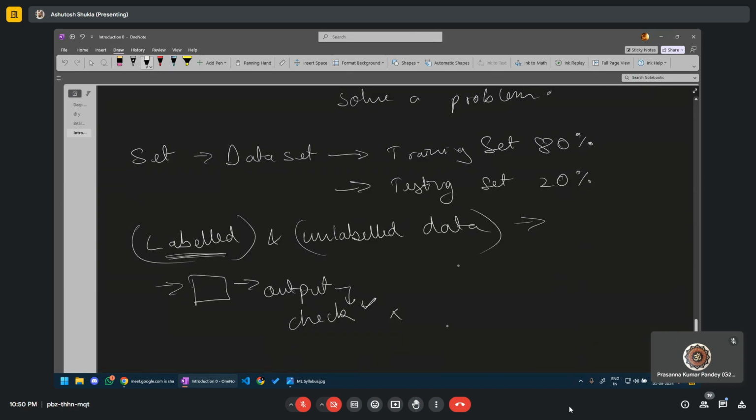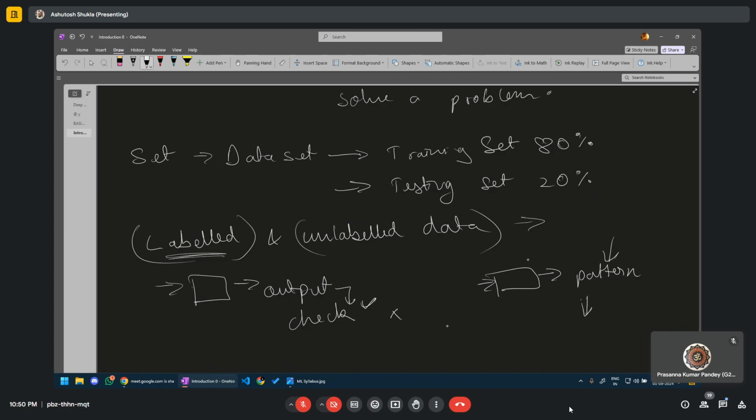And unlabeled data is used for unsupervised learning, where the machine takes some input and tries to find some kind of pattern in that data, but it doesn't know what it is trying to find. If it finds a pattern, well and good. After finding the pattern, you can label it afterwards, but you cannot do it before it actually finds it. That's unlabeled data.